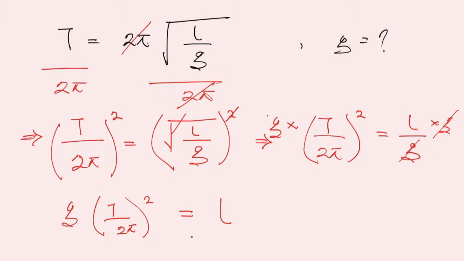So now that we've brought G up to the numerator level, we have to get rid of t over 2 pi squared. And to do that, we divide both sides by this entire entity here.